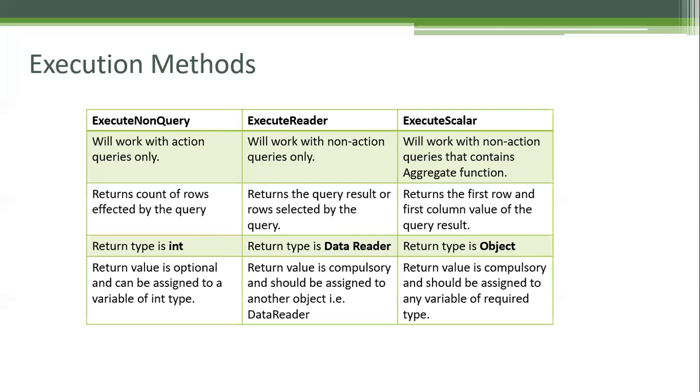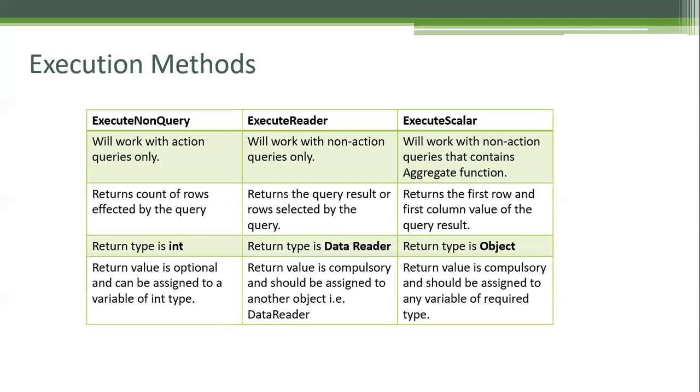When we use execute non-query, the return value is optional. Either we can capture it or we may not capture it. It can be assigned to a variable of int type if you want to capture that value. For execute reader, the return value is compulsory and should be assigned to a data reader object, because in order to display the results returned by the query, we should capture that and assign it to any data bound control.